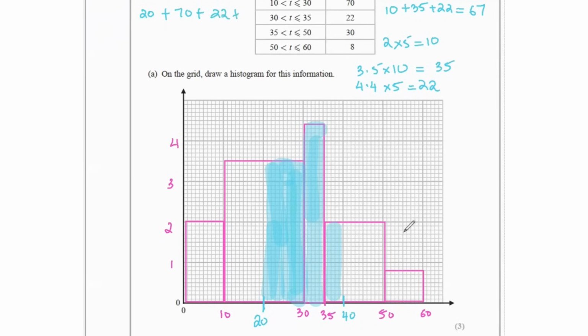Then we have 2 times 15, 30. And lastly, 0.8 times 10, which is 8. So now we add the total area. That's going to be 20 plus 70 plus 22 plus 30 plus 8, which is 150. So we will divide 67 by 150.